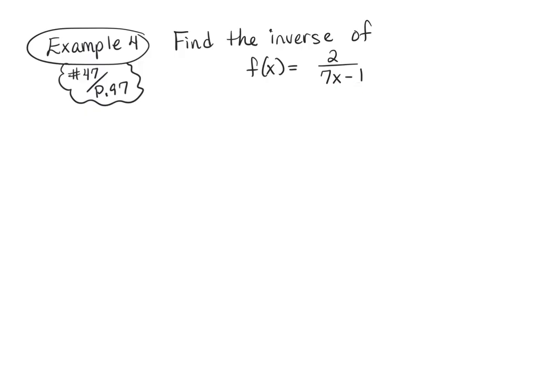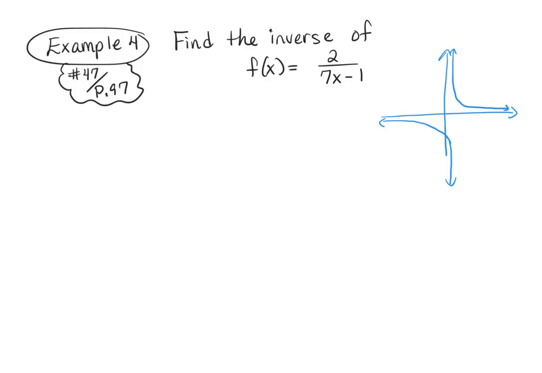Now, if you take a minute and graph f of x, you will see that the function looks like so. Similar flavor to 1 over x, but it's a little different. Okay, so this is our function.